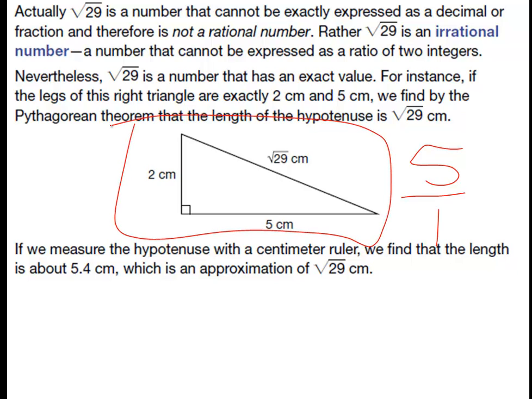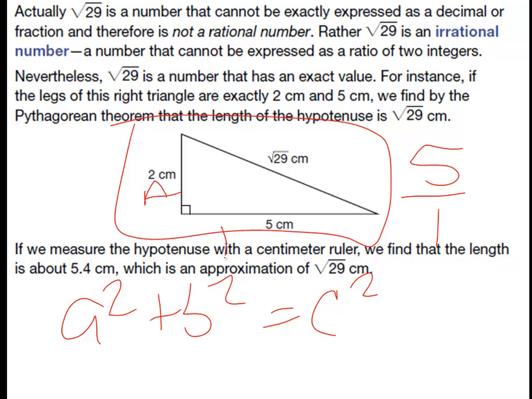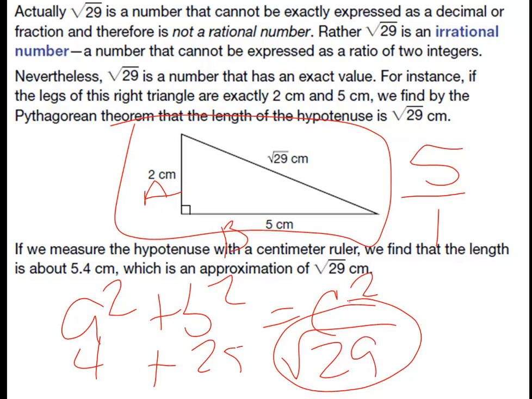If we take our formula a squared plus b squared equals c squared, we can make this leg a, and this leg b, and the hypotenuse is always c. So 2 times 2 is 4, plus 5 squared is 25, so we add those together. That is 29. But 29 is not a perfect square, so our answer would be the square root of 29 centimeters.